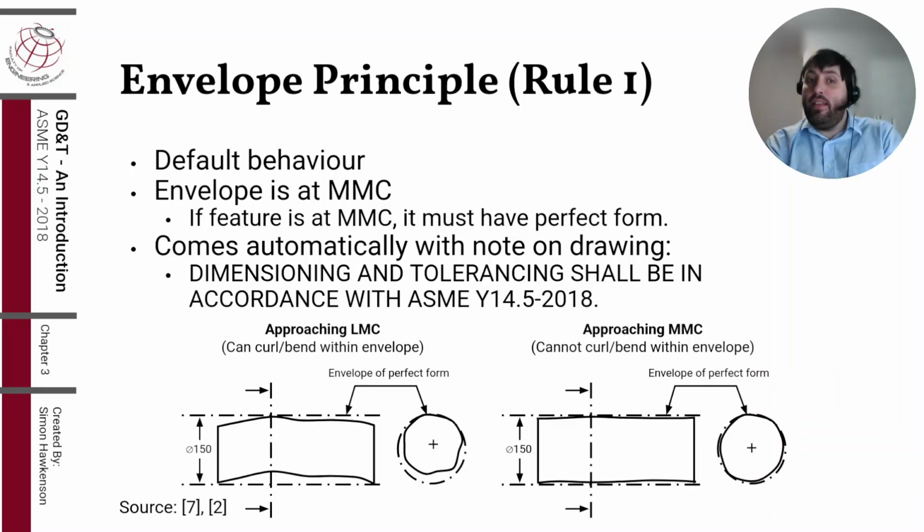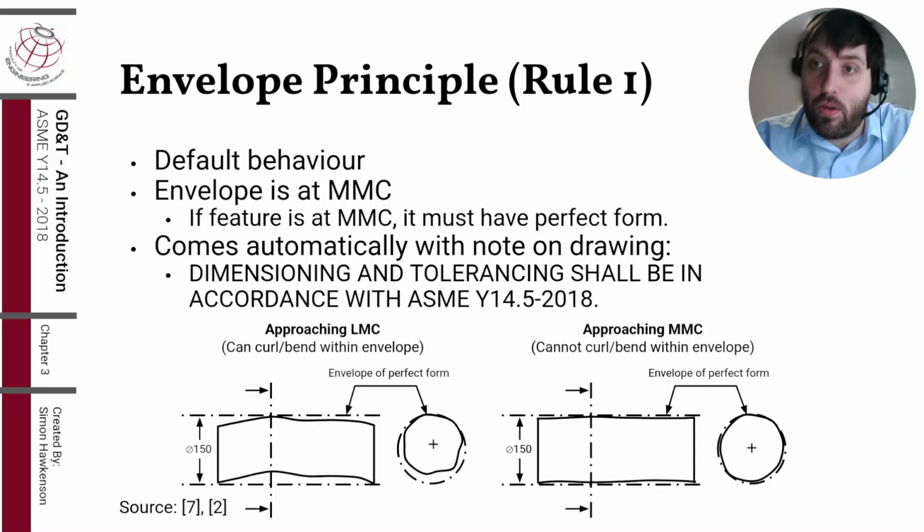So even if you don't put anything else on the drawing, if you put the note, dimensioning and tolerancing shall be in accordance with ASME Y14.5 2018 on your drawings, that note alone tells manufacturers and inspectors that they have to respect the form of the feature according to its size tolerance.